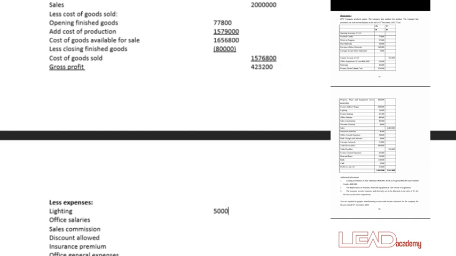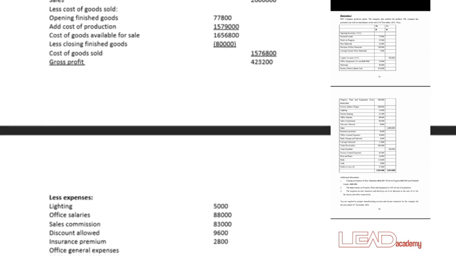Then our office salaries is 88,000. Sales commission was 83,000. Discounts allowed is 9,600. Insurance premium is 2,800 after allocation has been done.